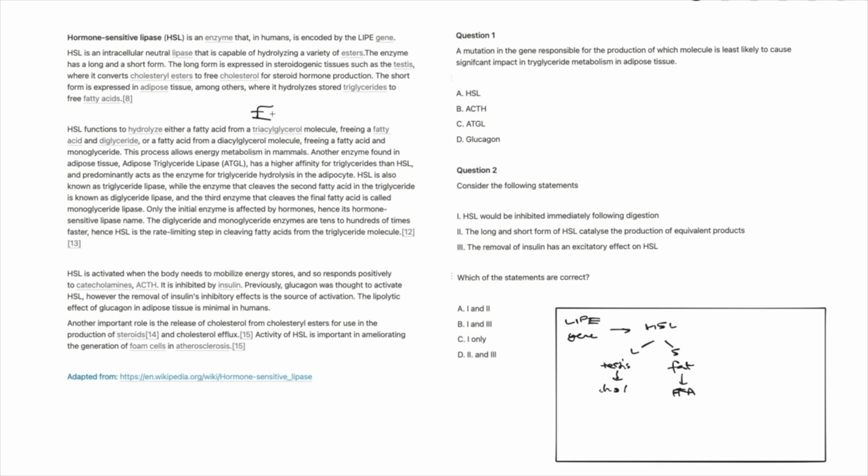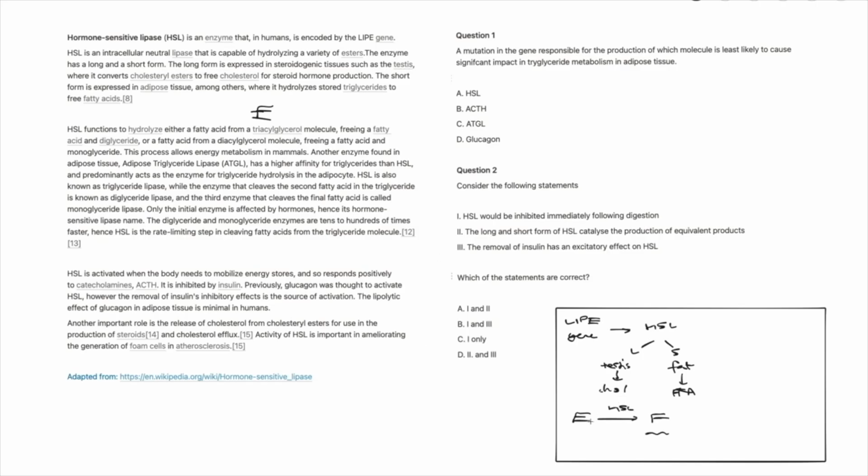So I'm just going to put a little thing like this, like an E, so a glycerol with 3 fatty acids coming off of it, freeing a fatty acid and a diglyceride. Perfect. So that means it's cutting it like this into a diglyceride and a free fatty acid, and that is where HSL is coming in.